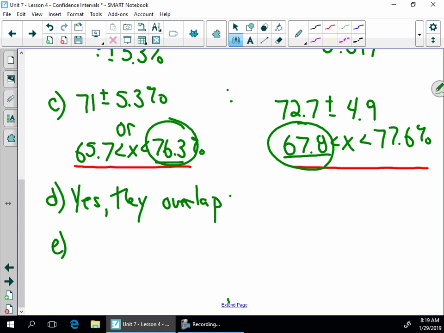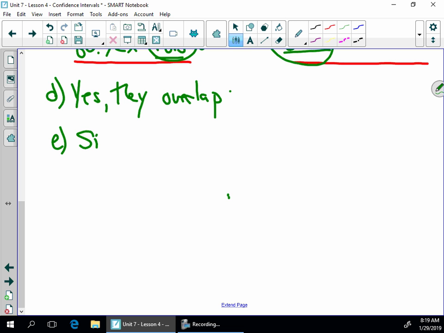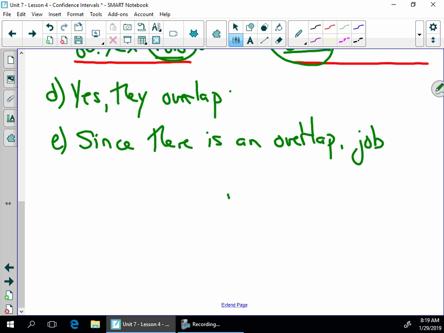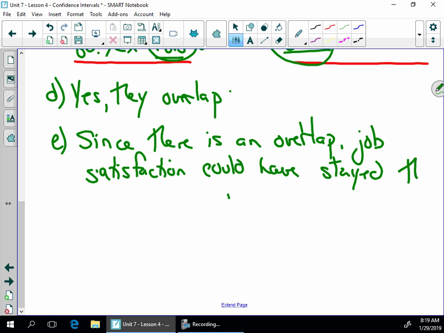Okay, so we'd have to say a statement sort of like, since there is an overlap, job satisfaction could have stayed the same, or even dropped.